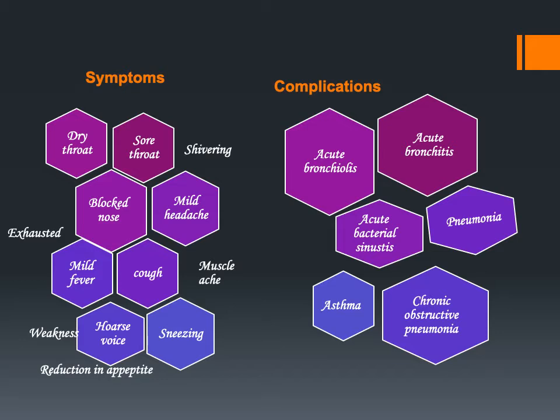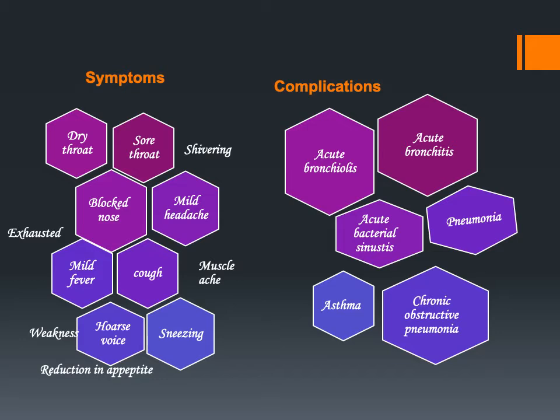But there are some complications that can result from the common cold. This is mainly if the person is an immunosuppressed patient, or above 65, or a child below 5 years; then this kind of complication will be there. But this kind of complication is not only with the common cold virus, it can also happen if there is any secondary infection.